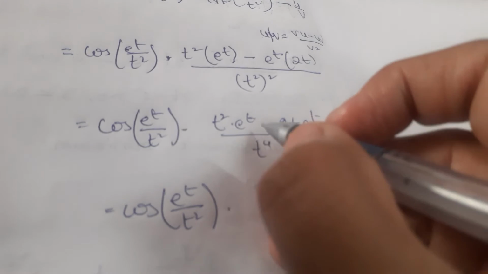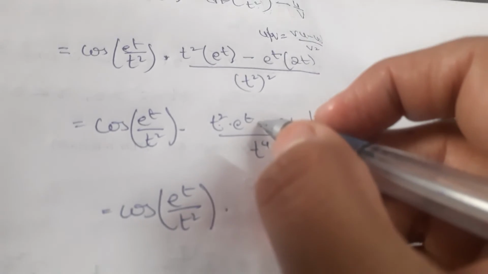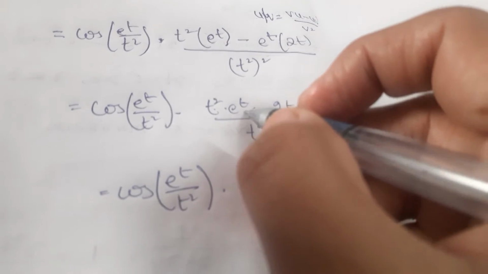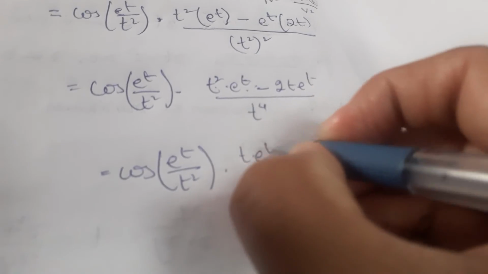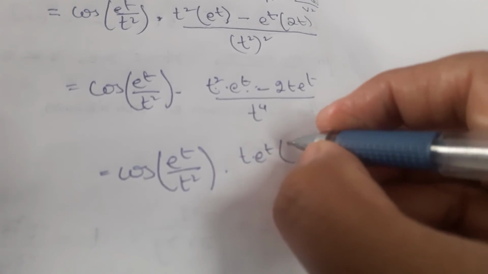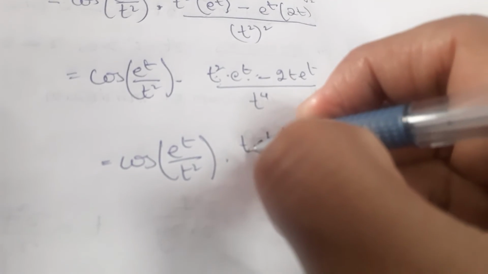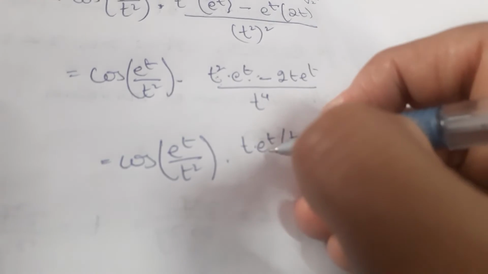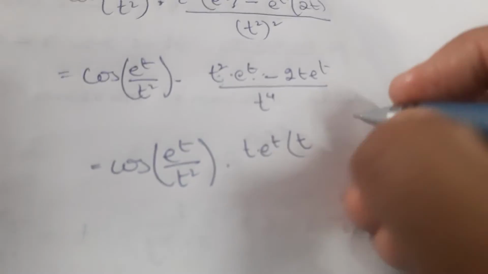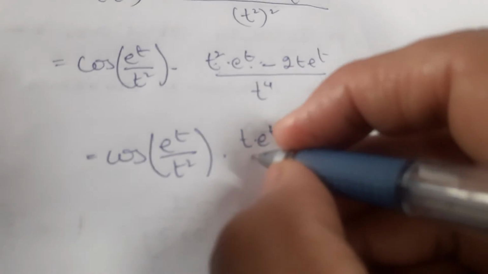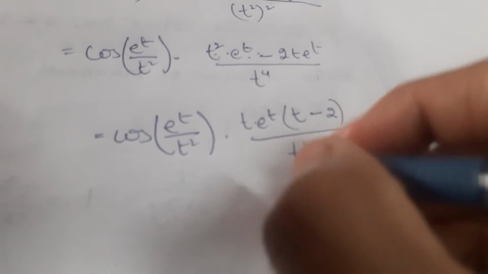I am taking t into e power t common. So what is the leftover thing here? T, only one t. I have taken t common, e power t also common, so only 1 t minus 2 remains, and the denominator becomes t power 4.